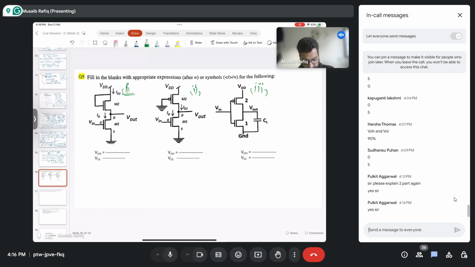Here the question asks what will be the output VOH. We have to give the exact value since the equal to sign is there.